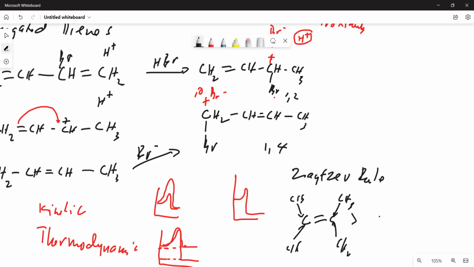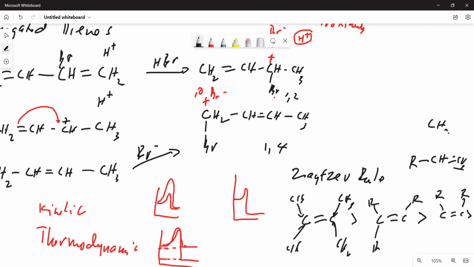So this will be more stable than if you only have R here, or R here. That will be more stable if you only have 2 R like that, and more stable if you only have 1 like this. And the least stable would be the CH2.